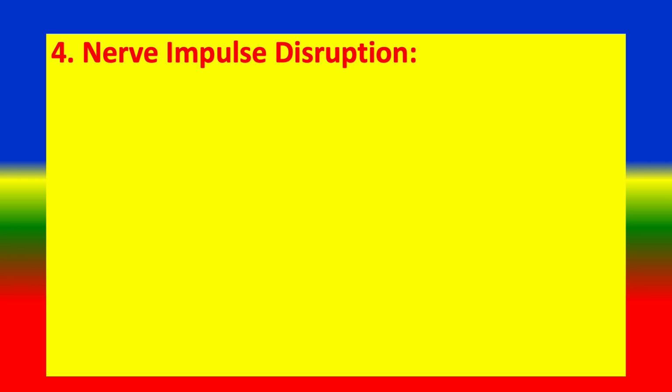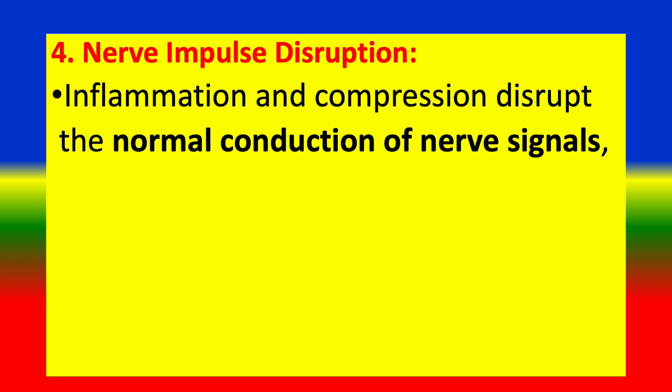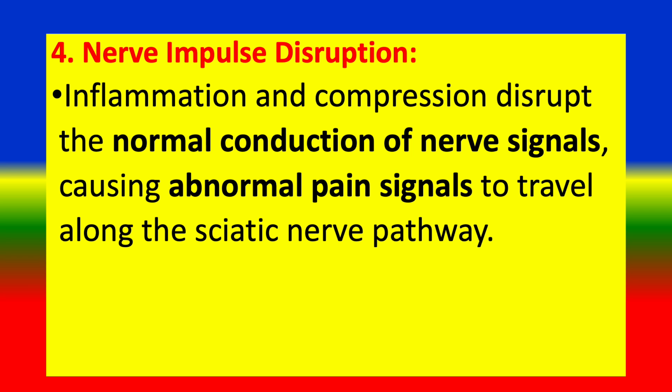Nerve impulse disruption. Inflammation and compression disrupt the normal conduction of nerve signals, causing abnormal pain signals to travel along the sciatic nerve pathway.